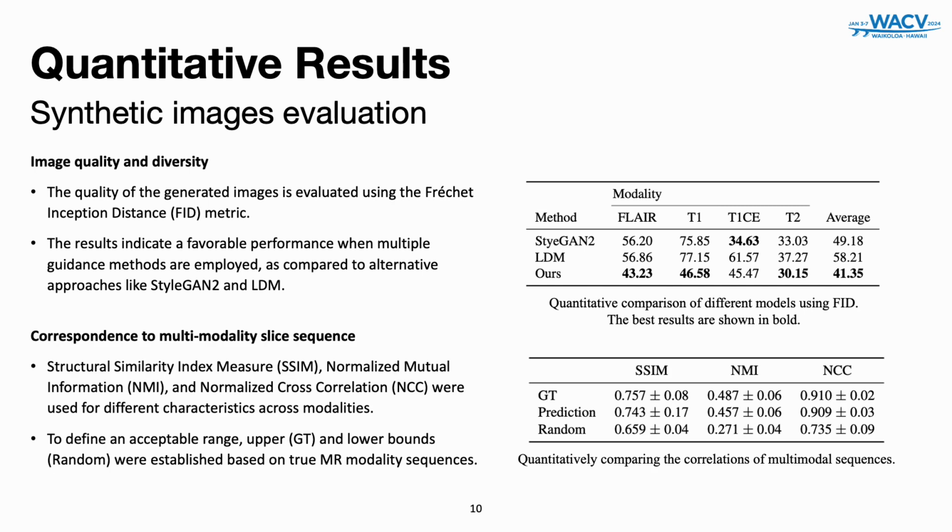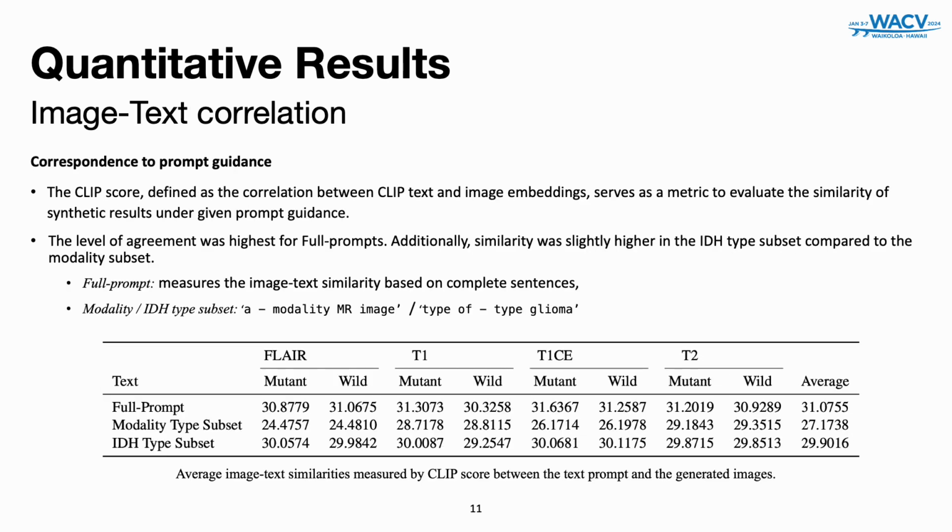Additionally, the correspondence of multi-modality slice sequences was closely aligned with the ground truth, serving as the upper bound, while the lower bound used random sequences. The CLIP score was also used to evaluate the correlation between CLIP text and image embeddings.